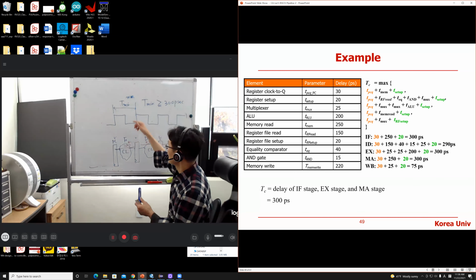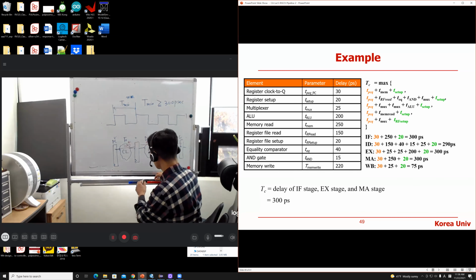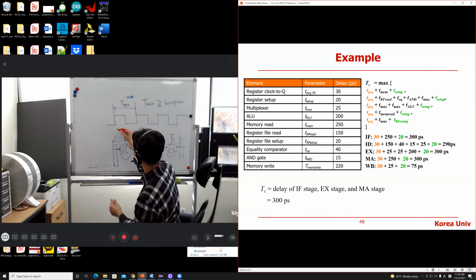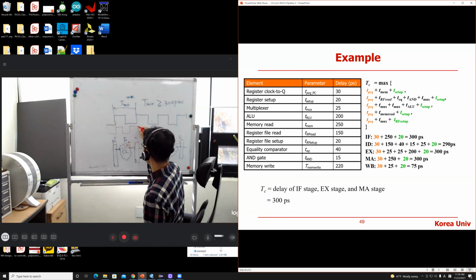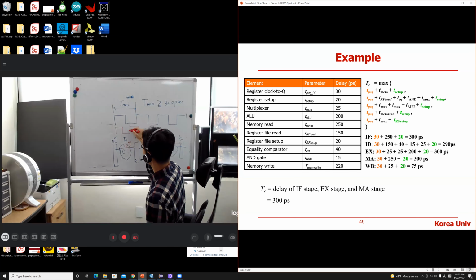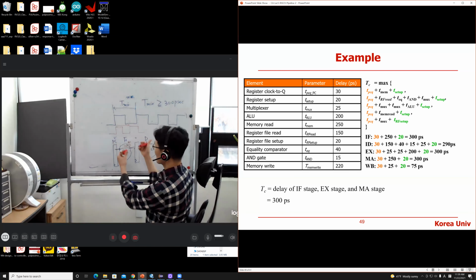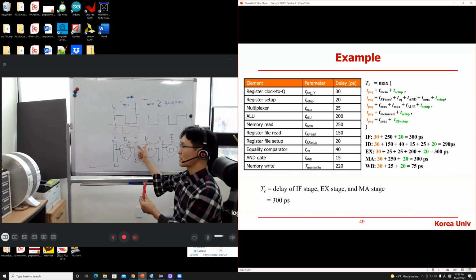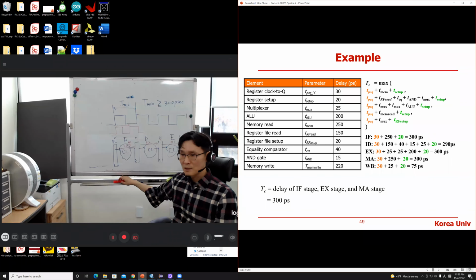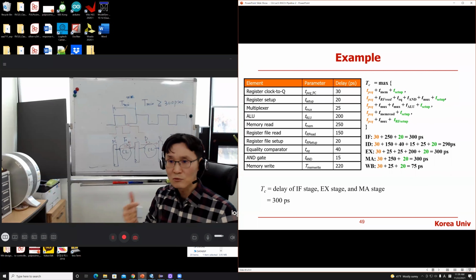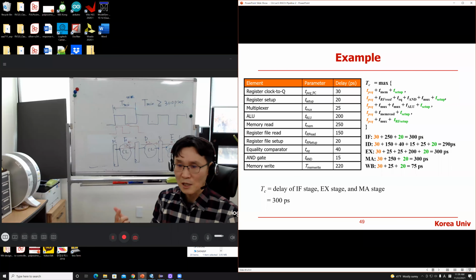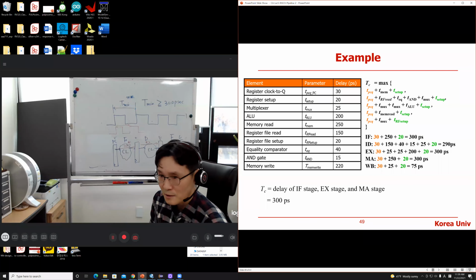If Tmin is shorter, that means the clock is running faster like this. Then the pipeline register is not able to take a good picture, right? It is taking the wrong picture.